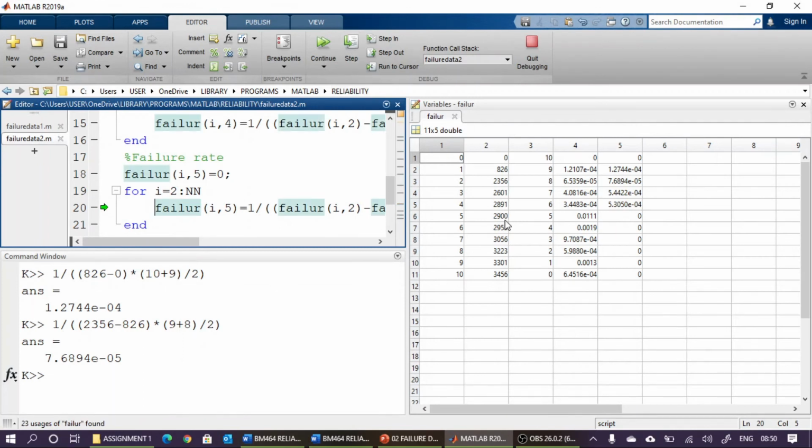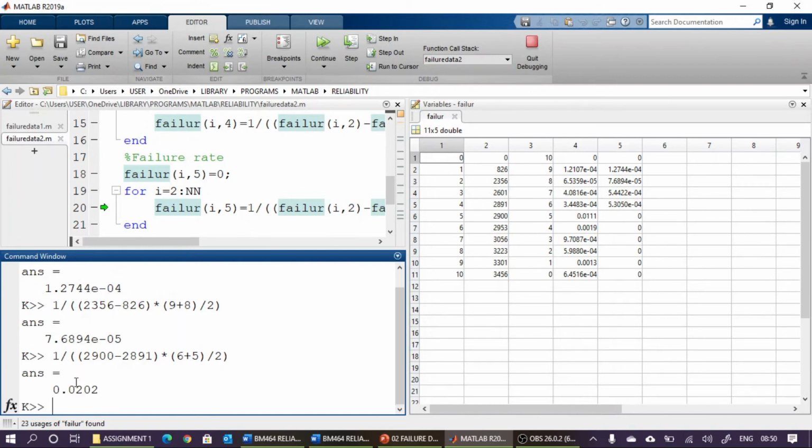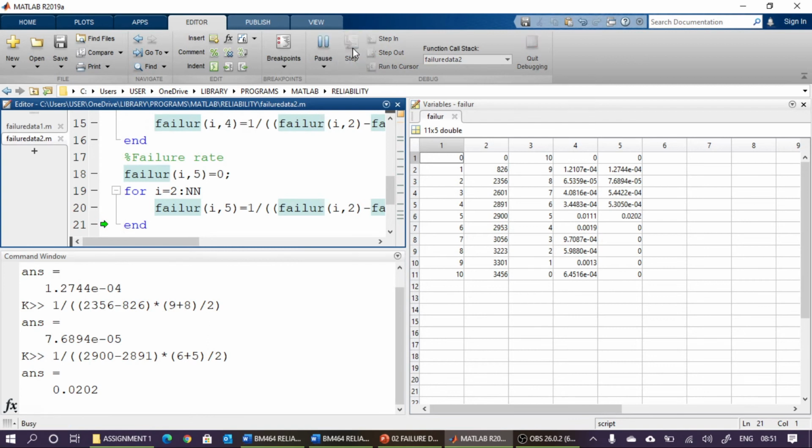1 divided by 2900 minus 2891 into 6 plus 5 divided by 2. So we have 0.0202.